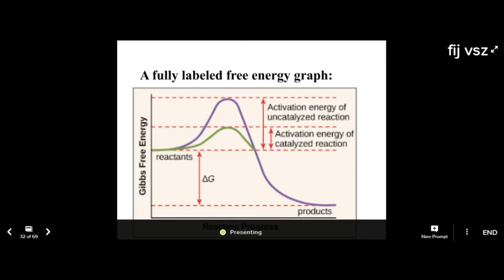And one important thing to realize about this picture is that the delta G doesn't change regardless of whether you have a big activation energy or a small one. So adding the enzyme doesn't change the overall change in energy of the reaction, but it'll change how fast the reaction can happen or whether it can happen at all.